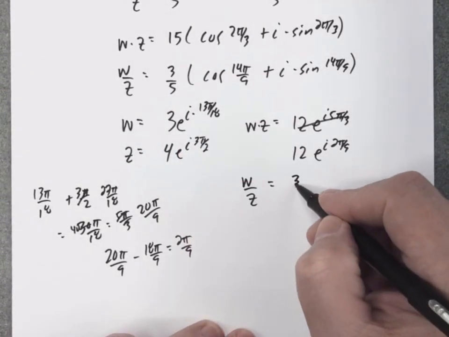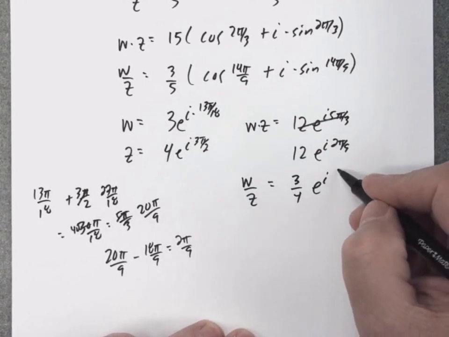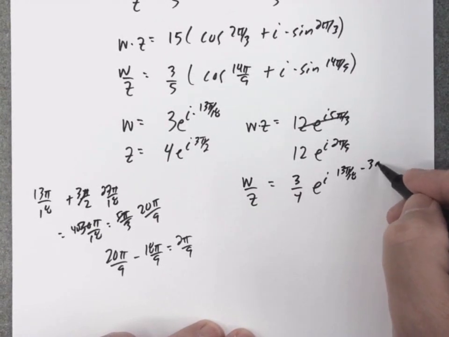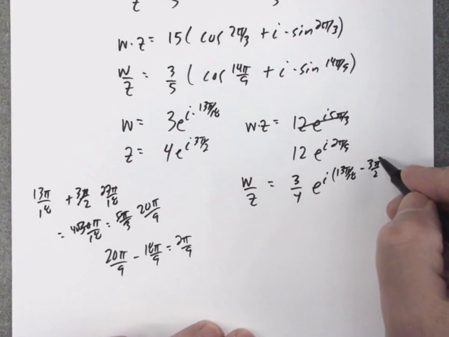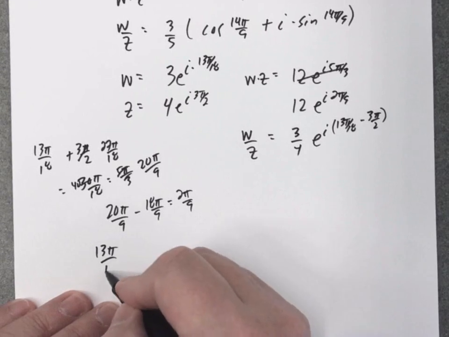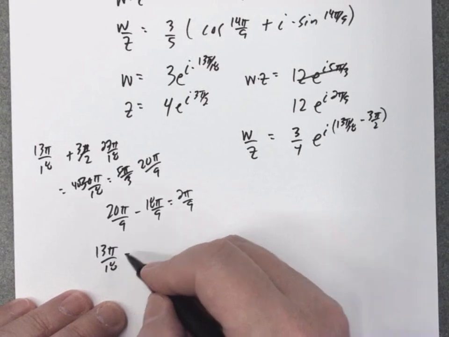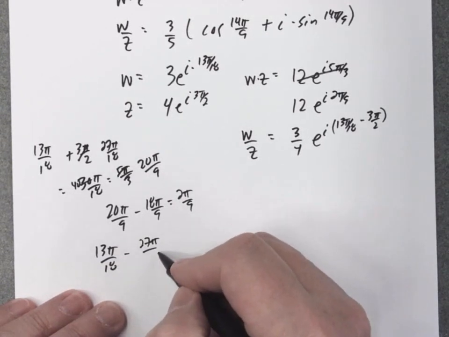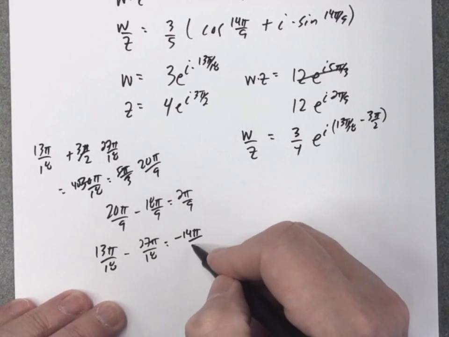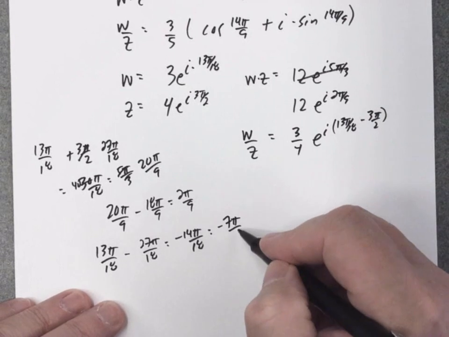So 3/4, and now I'm going to have 13 pi over 18 minus 3 pi over 2. So now let's see if I can do this correctly. 13 pi over 18. So 3 pi over 2, denominator 18 is going to be 27 pi over 18. Negative 14 pi over 18, which reduces down to negative 7 pi over 9.